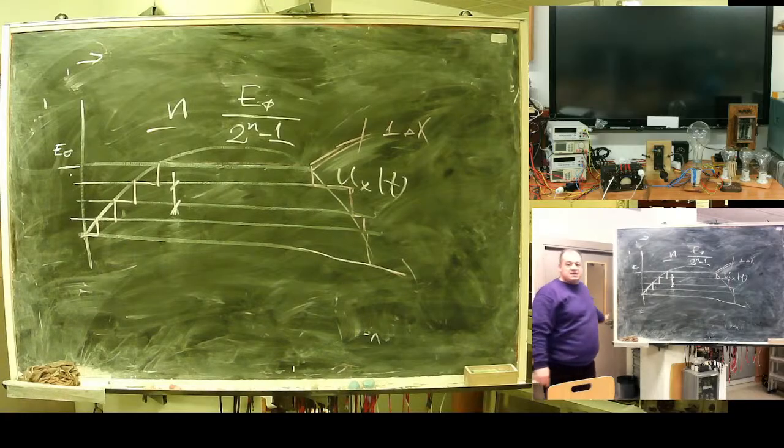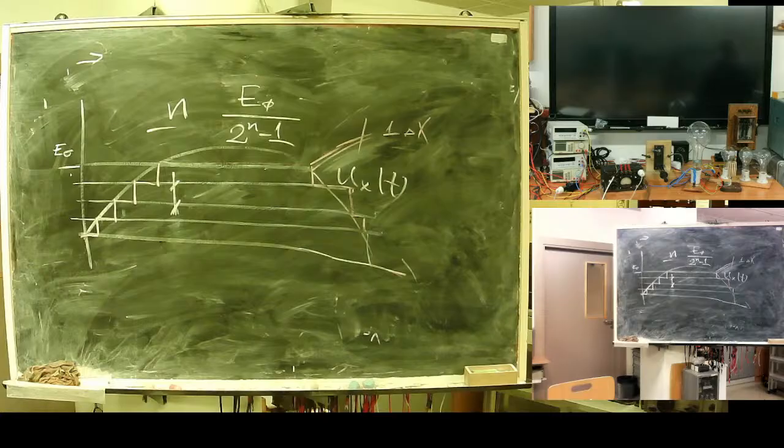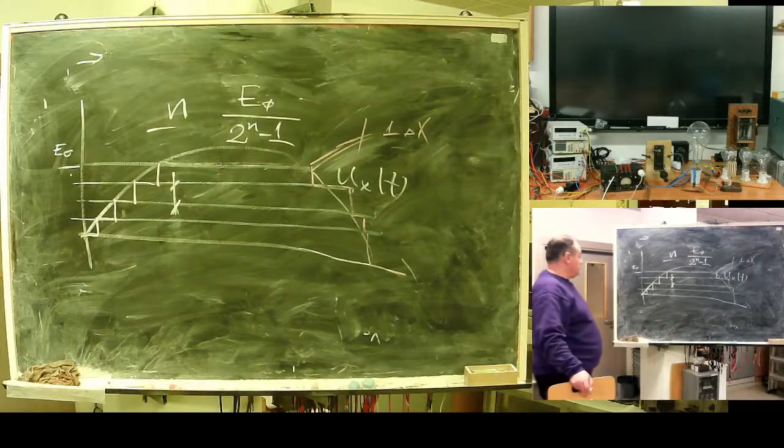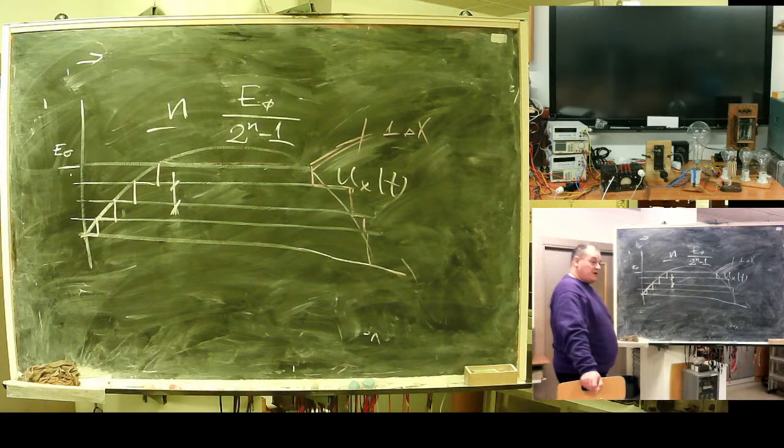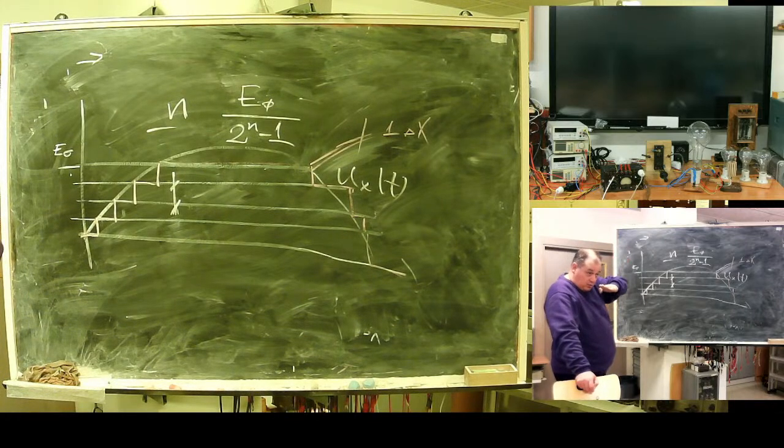It's a resolution. If I have 2 comparators, how many levels can I have? 2 comparators. 1, 2. 0, between 0 and comparator 1, and between comparator 1 and comparator 2.